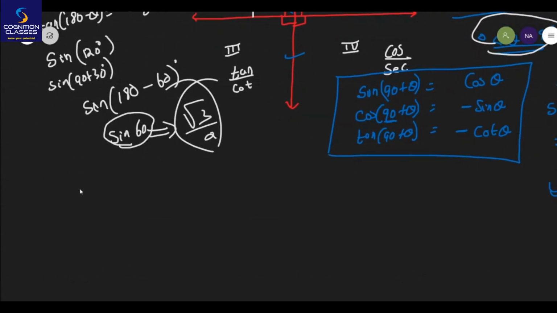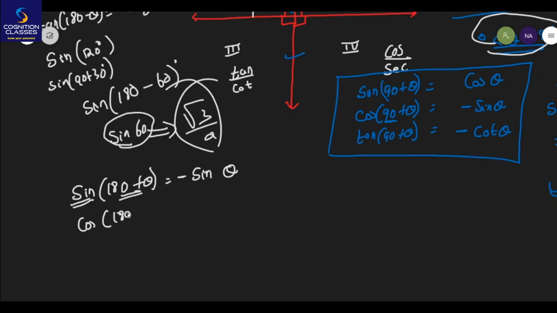Similarly, suppose someone asks me the value of sine 180 plus theta. Again we know that 180 degree is the axis of no change, so it will again be sine theta, but 180 plus theta lies in the third quadrant where sine is negative, so I will have to apply a negative sign here.